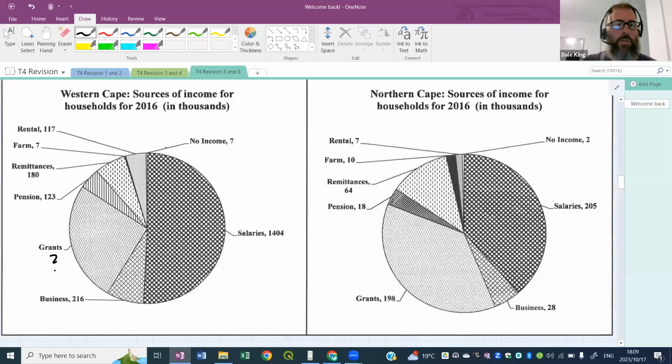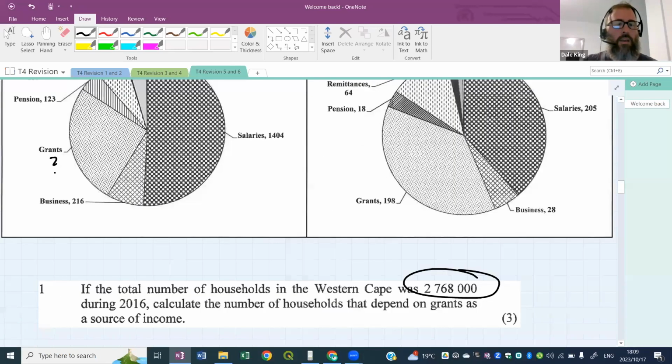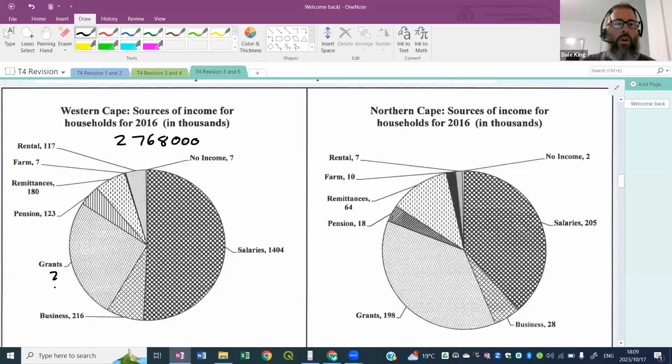right? Just remember that this is in thousands. So if I had to place this on the graph, I would cross out the 3 zeros for thousands. So all these numbers here on the graph need to come up to 2,768. I hope you guys understand that. So they tell us that there's 2,768,000 households. Okay. This graph doesn't show full numbers. It shows numbers in thousands.